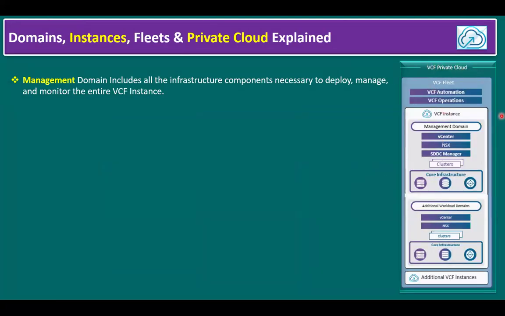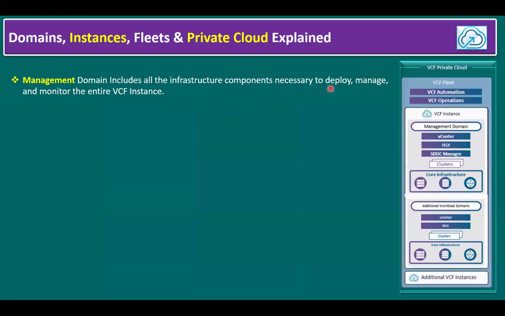Okay. Now, let me elaborate the same definition in the following slide, just for our recollection. This is the VCF private cloud architectural diagram, and this architecture has multiple key components. Within the key components, the high level concept is the management domain. The management domain includes all infrastructure components necessary to deploy, manage, and monitor the entire VCF instance.